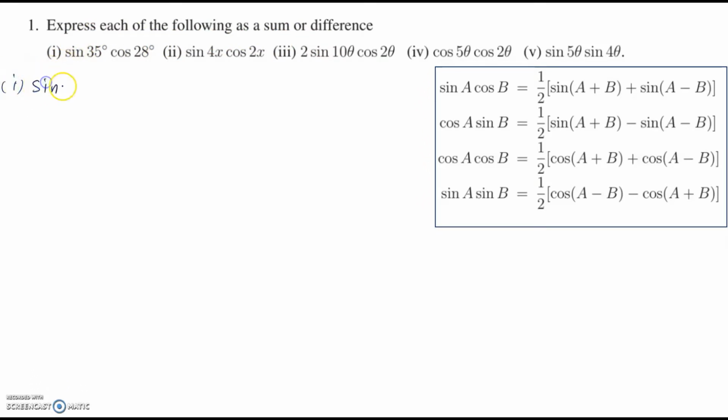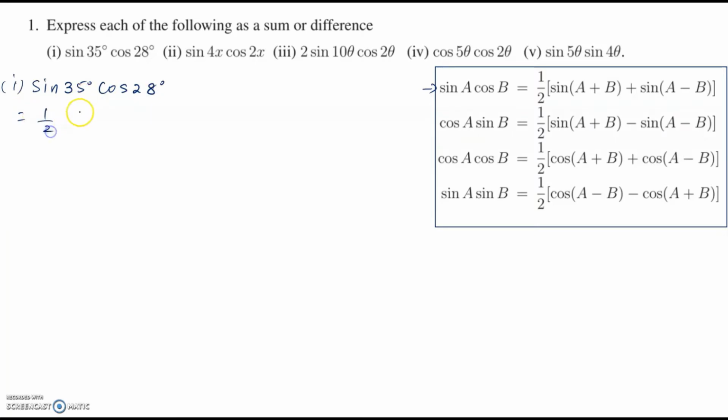Question 1: sine 35 degrees cos 28 degrees. We have to express this in the form of a sum or difference, so we will be using the first identity here. This can be rewritten with A as 35 degrees and B as 28 degrees.